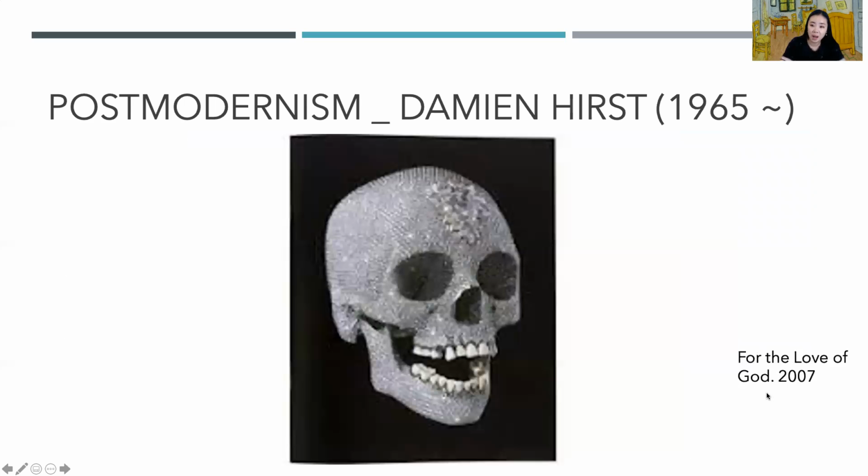And For the Love of God is a sculpture by Damien Hirst, produced in 2007.